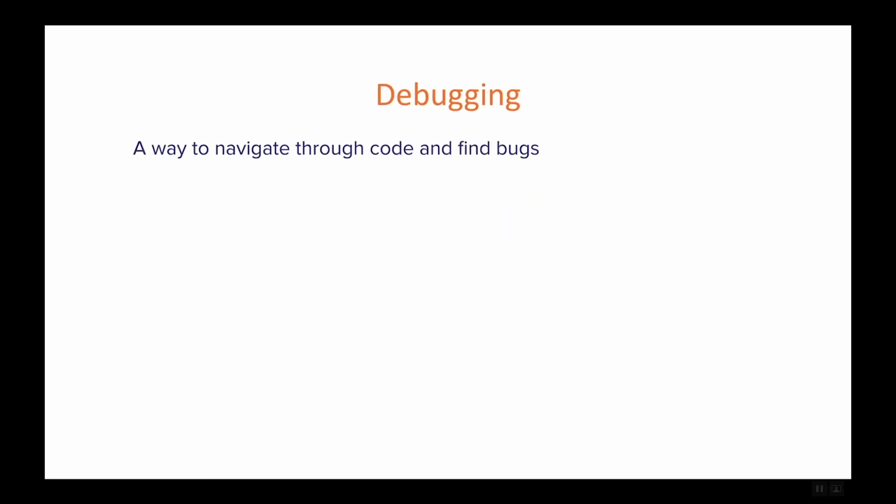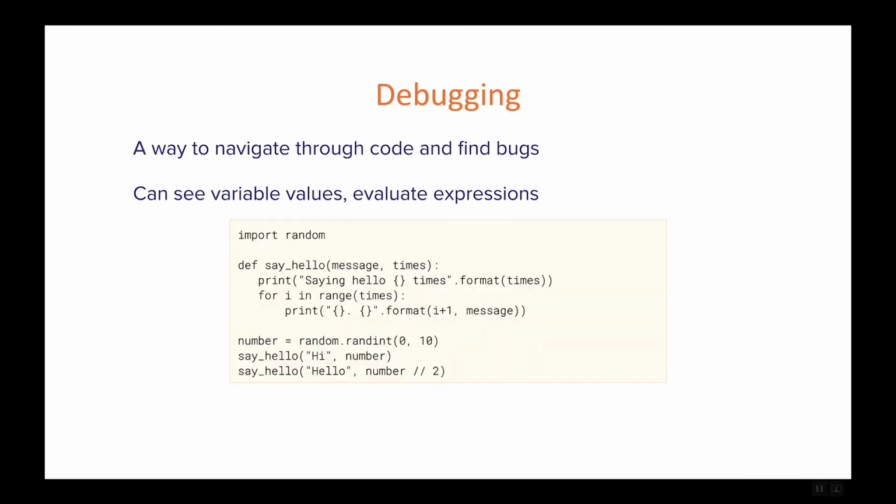Basically, debugging is a way to navigate through code at runtime, so on code execution, and find any issues that may occur. We can see variables, we can see expressions, we can try different things while we are debugging our code.